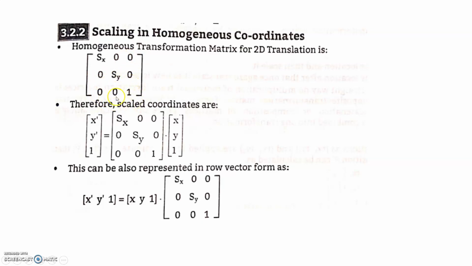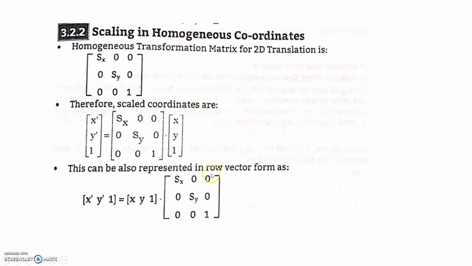You just need to add 1 to your 2D scaling matrix. You have to remember the formula for this. Therefore, scaled coordinates are x dash y dash 1 equals sx 0 0, 0 sy 0, 0 0 1, multiplied by x y 1.